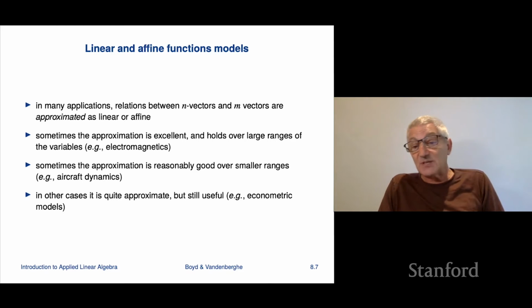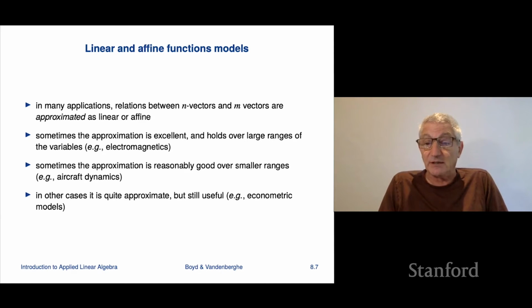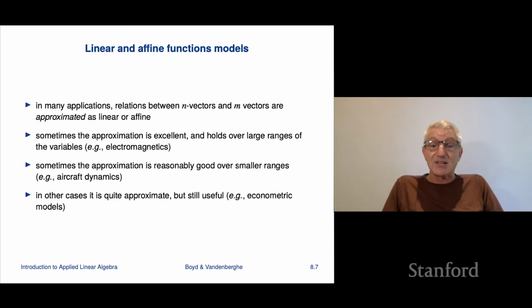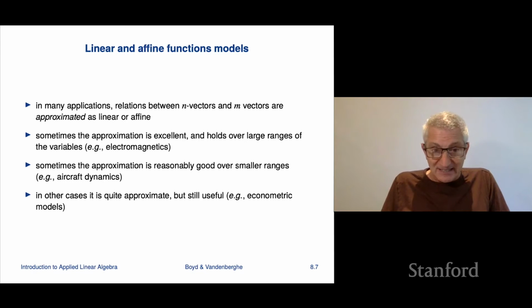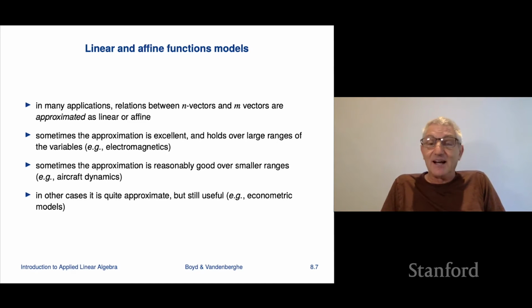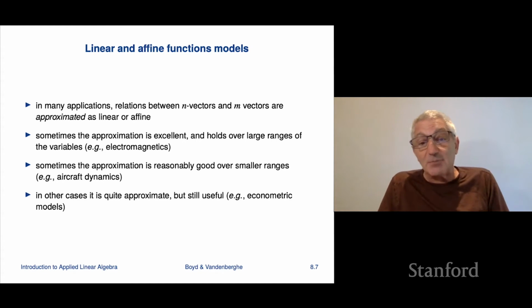Now, sometimes the approximation is pretty good over smaller ranges. So for example, aircraft dynamics, right? If I take an airplane and I ask what are the forces and torques that are put on the airplane as a function of its speed and the angle of attack and the control surface deflections, that's approximately fine for reasonable ranges.